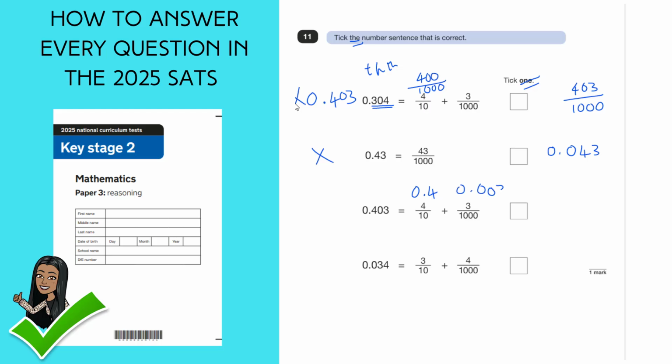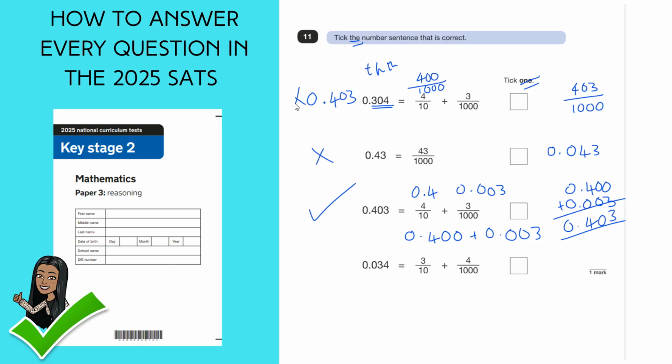If we added these together, we would be doing 0.400 plus 0.003. If you added them up vertically, you would see that equals 0.403, the same as the other way we did. If we converted it to a fraction over 1,000, then added them, or converted them to decimals and then added them. So this is the correct answer, but I just want to see it through.